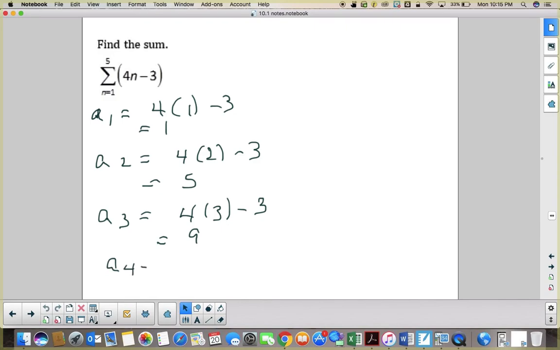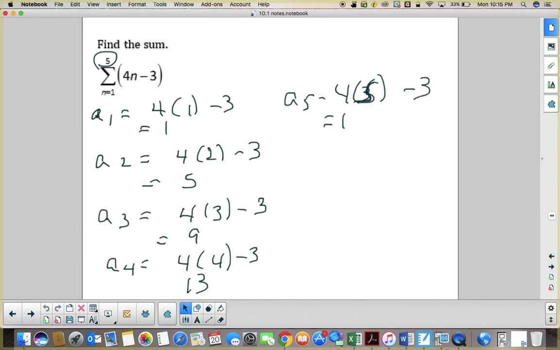A sub 4 is going to give us 4 times 4 minus 3, which is 13. A sub 5, which I'm stopping at 5, and the reason I'm stopping at 5 is this is my last one. 4 times 5 minus 3, so 20 minus 3 would give me 17. You're not done. You actually have to add them. 1 plus 5 plus 9 plus 13 plus 17 would give us 45.